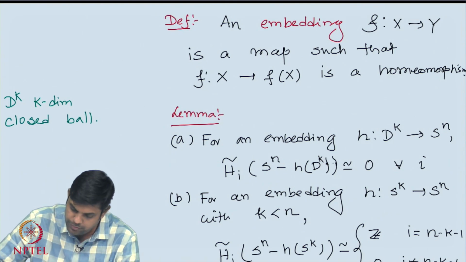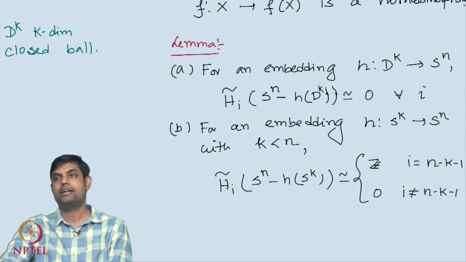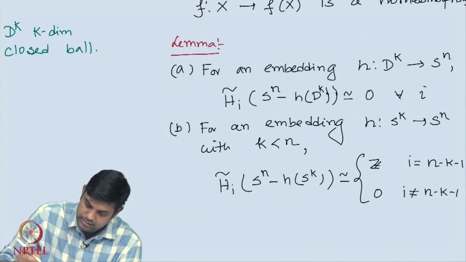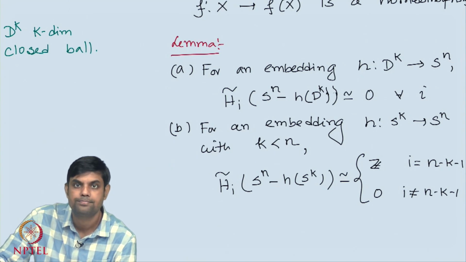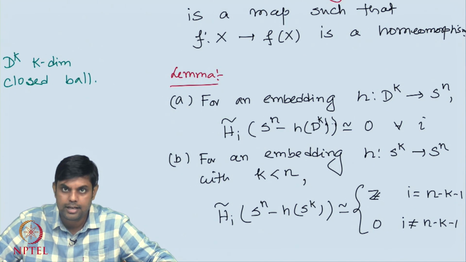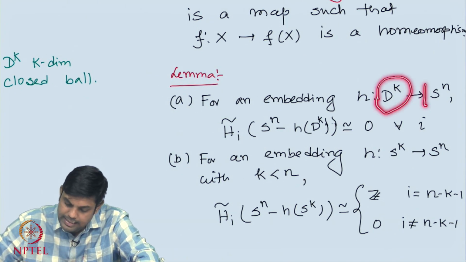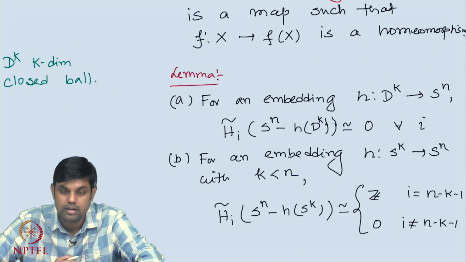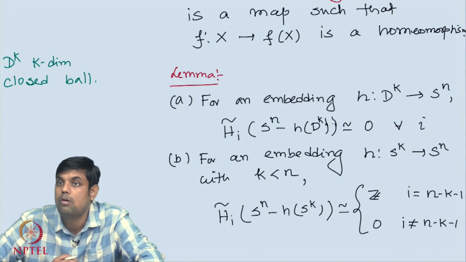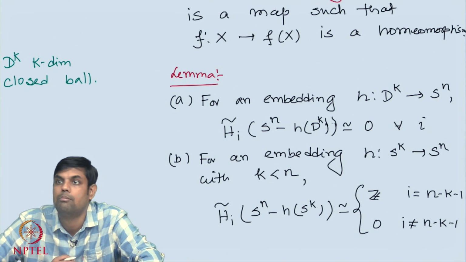First we are going to prove this small lemma, which says that if I have an embedding of D^k, the k-dimensional closed ball, inside an n-dimensional sphere, then the complement of the disk, no matter how you embed, is always going to have trivial homology.